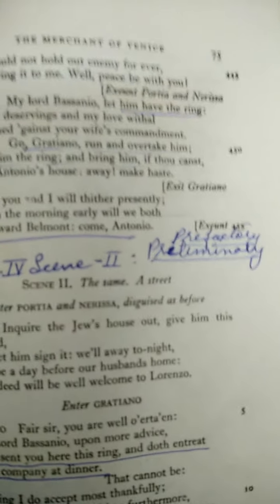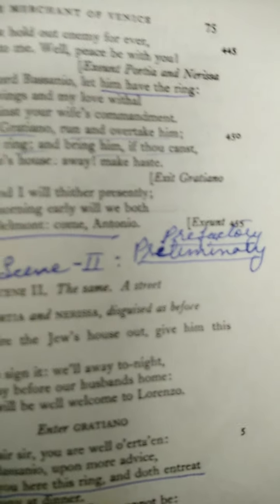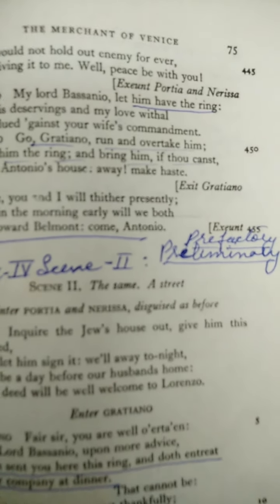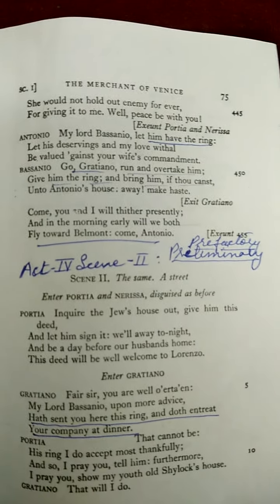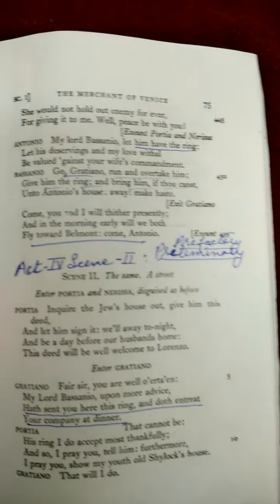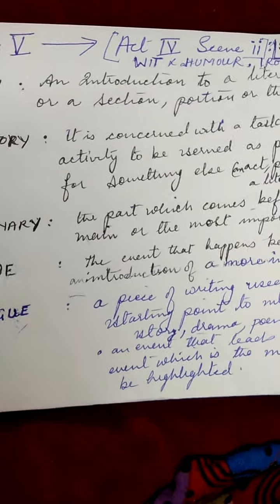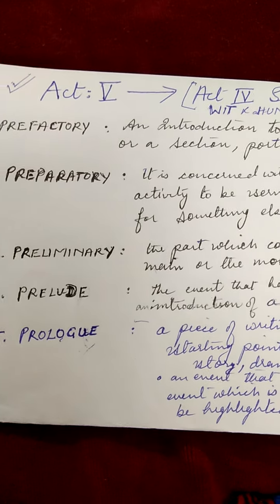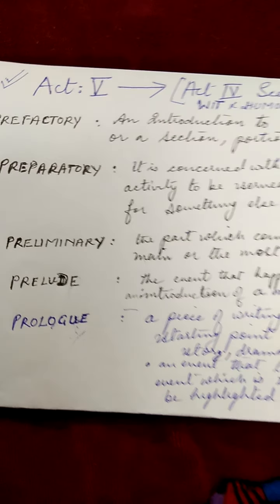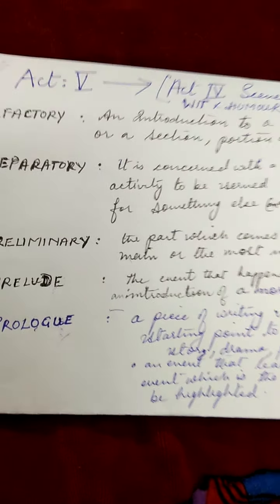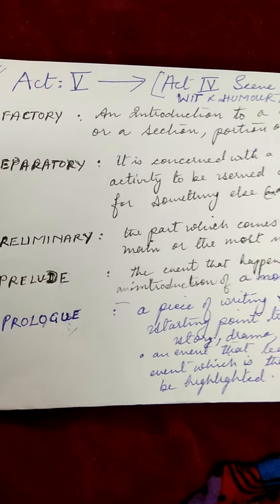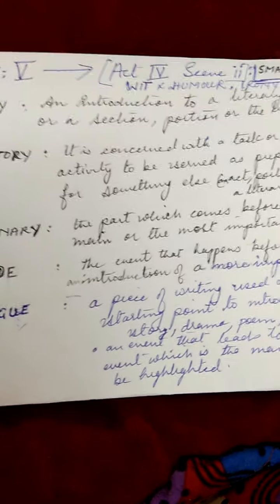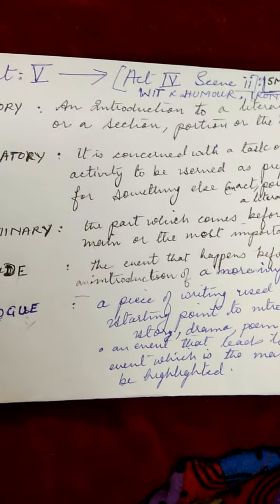And yes, of course, it is preliminary, it is a prelude to Act 5. So students, from that point of view, it is very, very significant. So you must remember this point, the meaning of prelude and preliminary in this context, because sometimes you may not have certain important points in reference books.